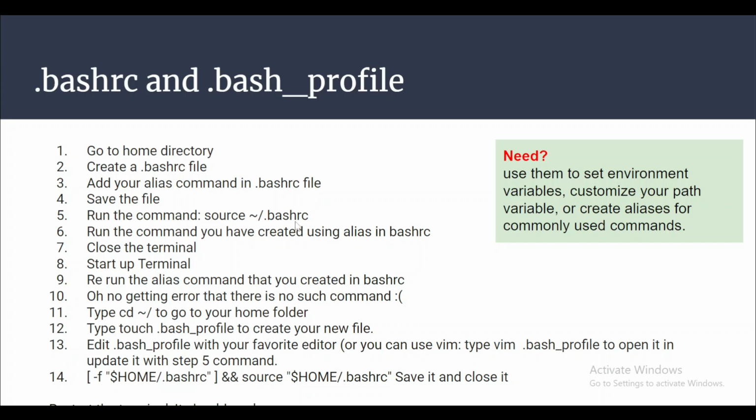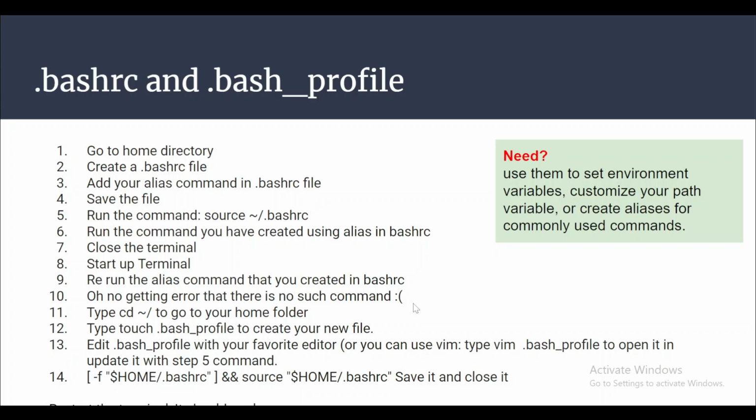It will source the bashrc file. Then you can run the command I was running, my name Ashish, because I created it using alias in the bashrc file. Then I closed the terminal and restarted it in a new session. Again I tried to run the alias command that I created in bashrc, but I got an error: no such command.